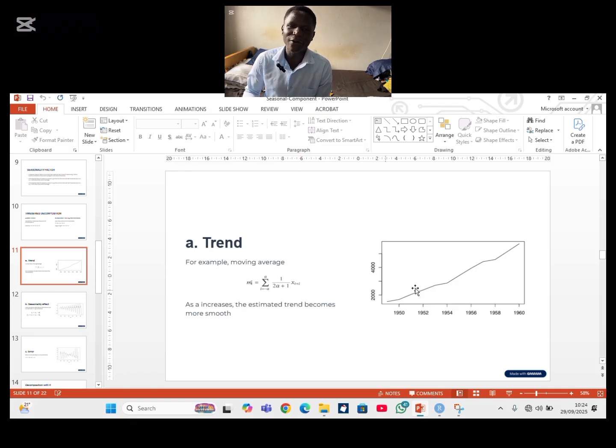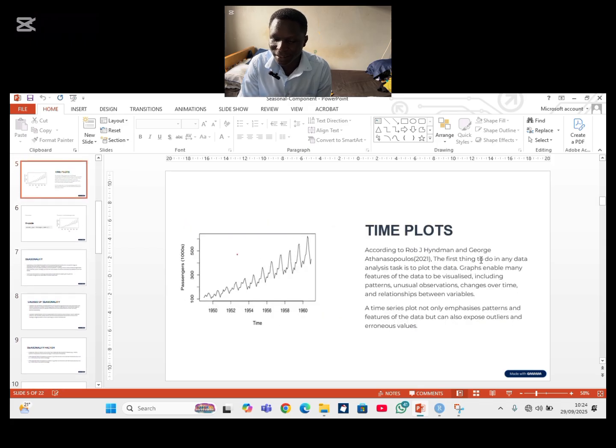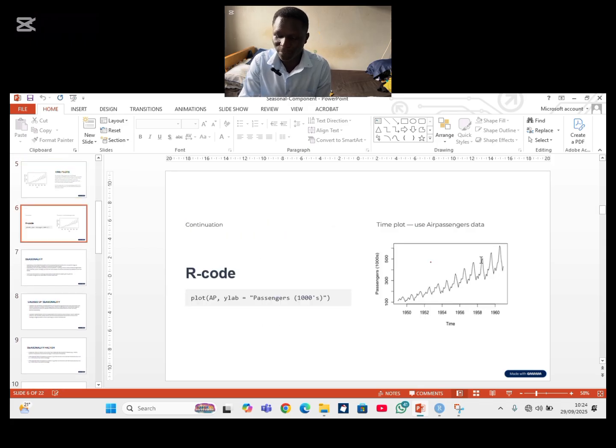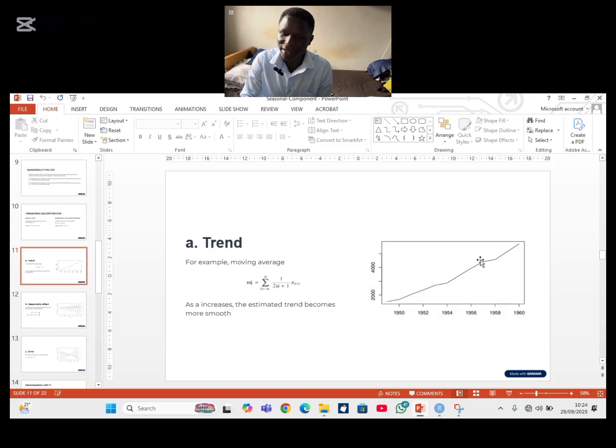And actually, if you look here on the right, that small graph is what comes from this graph here of the passengers. See how it looks like? But if you do a moving average, this is how it will turn to. You will remove the seasonality component and you will remain with just a smooth trend. And that's how you will get these figures from using a moving average.